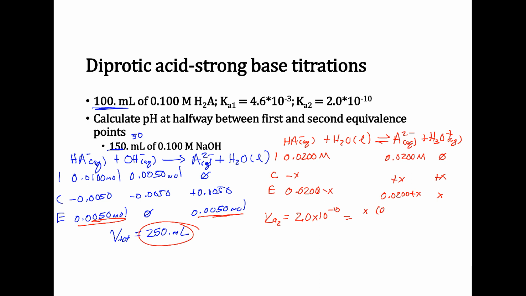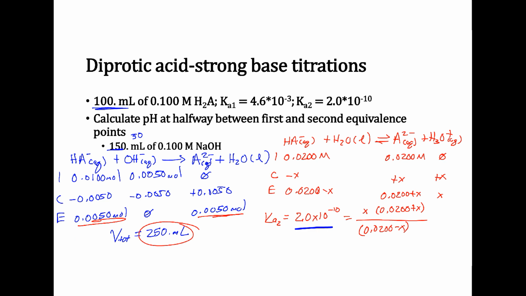It's equal to X times 0.0200 plus X, all divided by the quantity of 0.0200 minus X.